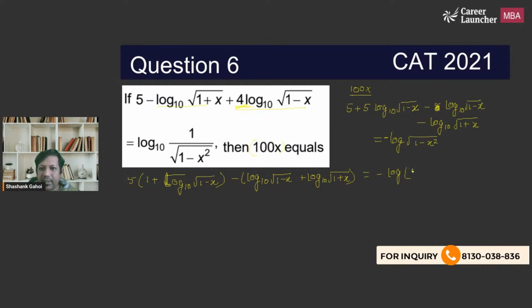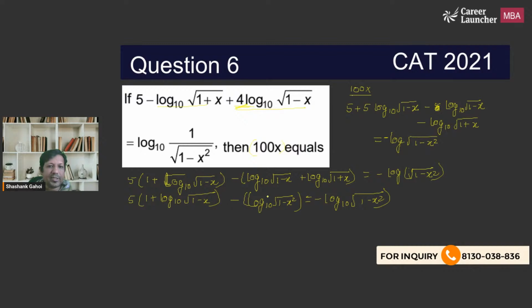it can be written as this. So what I'm going to get is 5 times 1 plus log base 10 root of 1 minus x, minus, now these two values are in addition, so they will be multiplied. So it is going to be log base 10 of (1 minus x)(1 plus x), so 1 minus x square, and that is equal to minus times log base 10 1 minus x square.